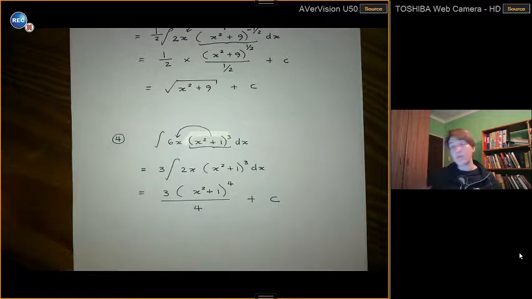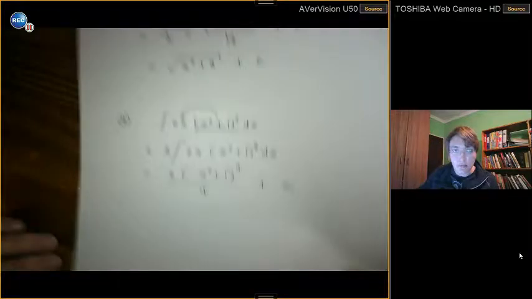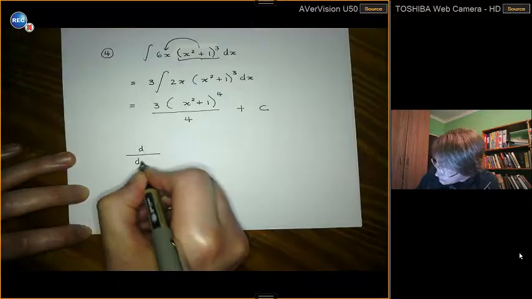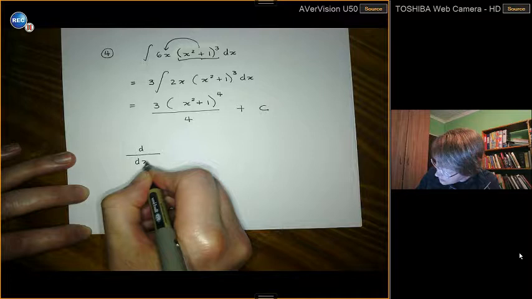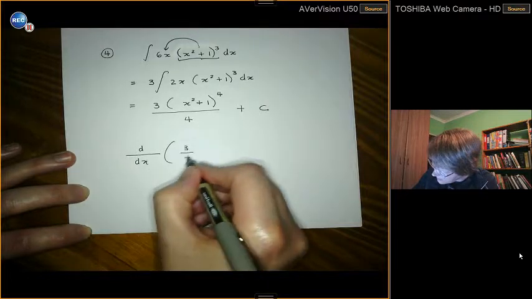And then just for interest's sake, because I know I haven't done it for a while, hopefully you guys are trusting me with these ones and you're following along and you're seeing, yeah, I think this works. But just to prove to you, I'm going to find the derivative of this particular one. I'm just going to rewrite it slightly.